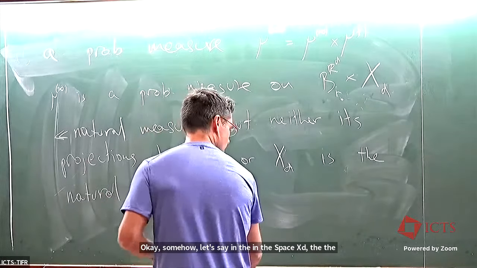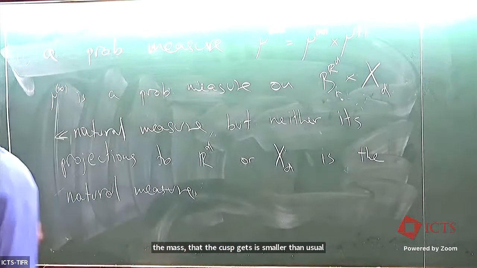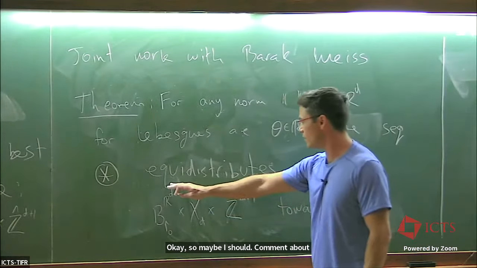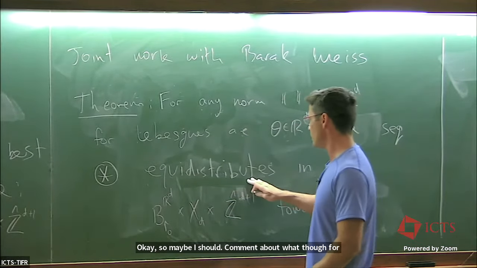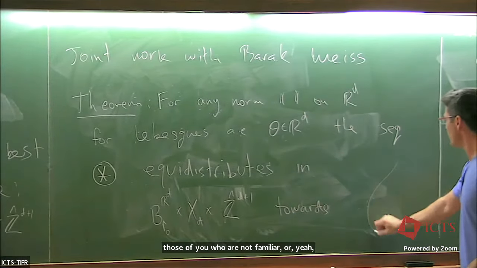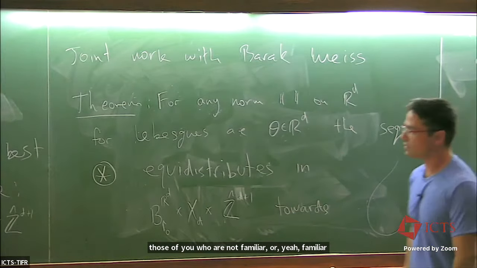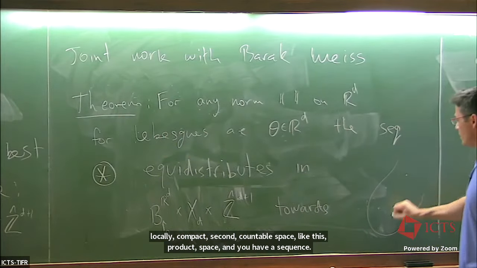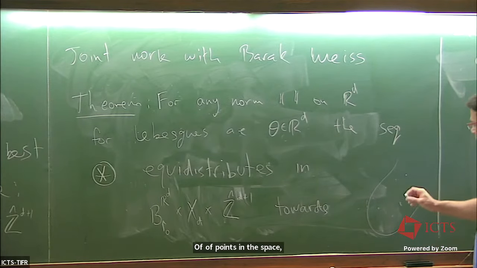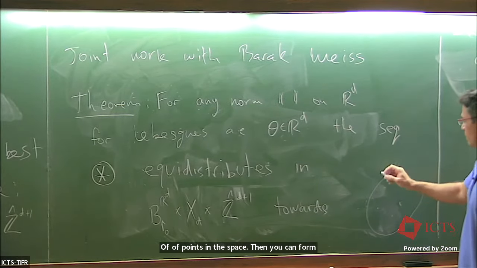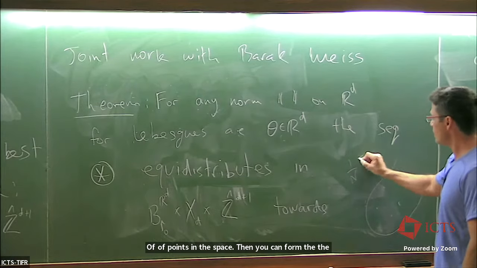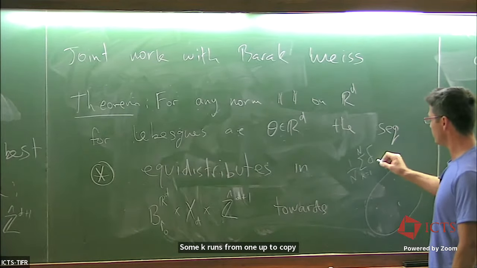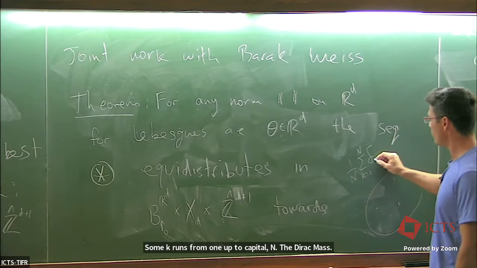Okay, so maybe I should comment, for those of you who are not familiar with this notion. When you have a locally compact second countable space like this product space, and you have a sequence of points in this space, then you can form the measure 1 over N sum, k runs from 1 up to capital N, of the Dirac mass at my kth point, x_k.